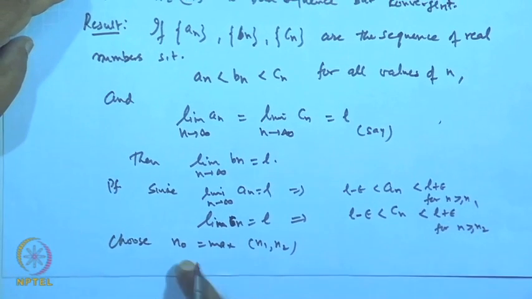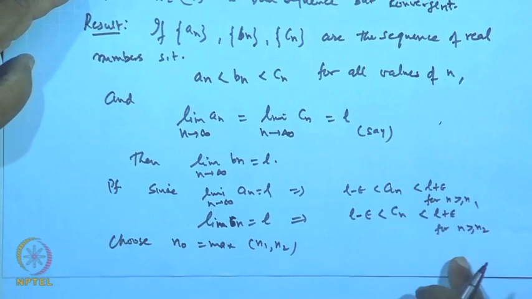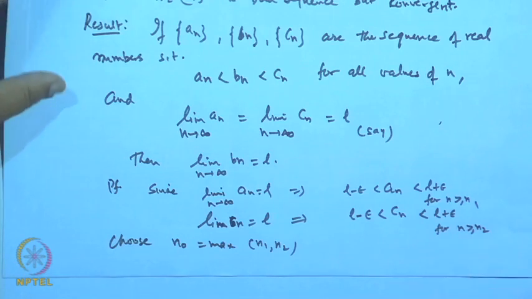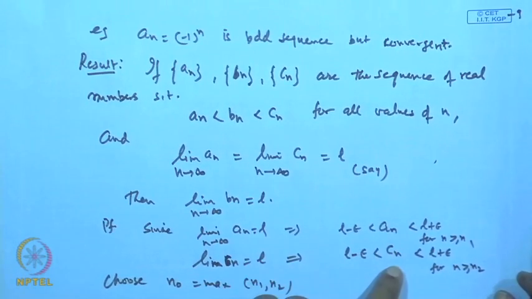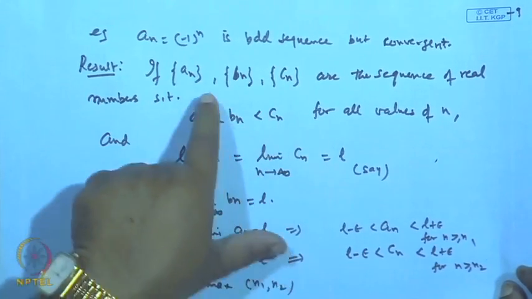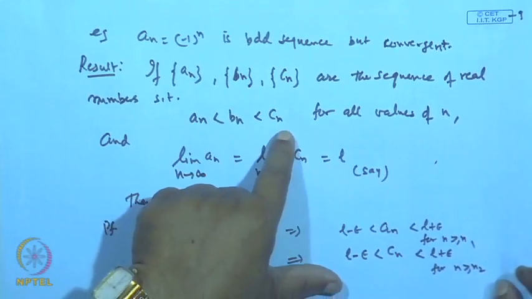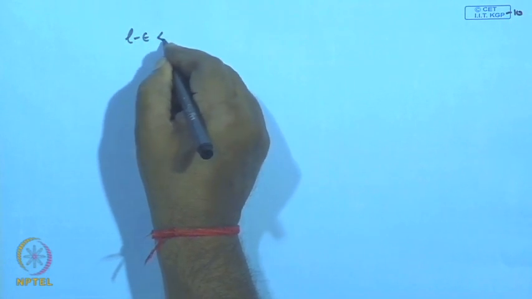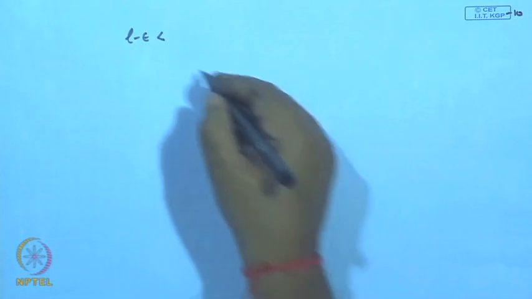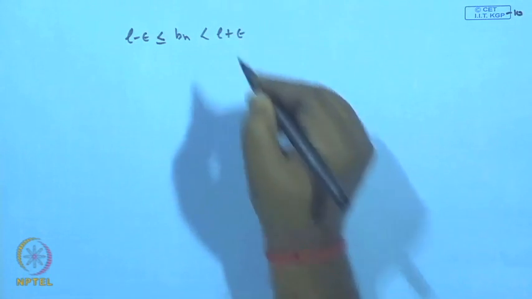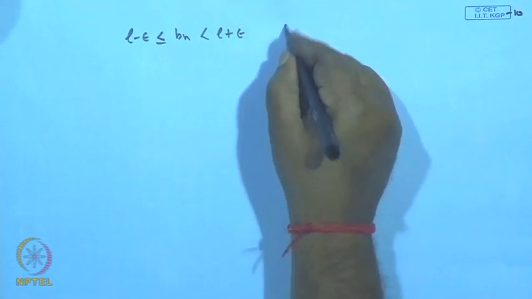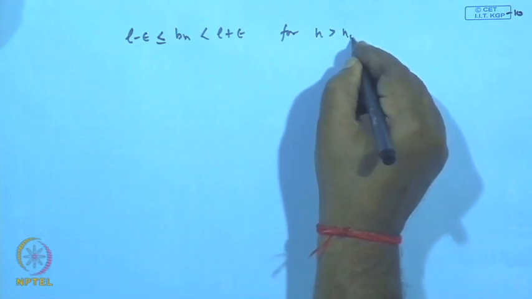So, for all n greater than n naught this condition is satisfied, and for all n greater than n 2 this condition will be satisfied. So, we get from here a n and c n, and b n is the number lying between a n and c n. So, we can say L minus epsilon is less than b n, at the most less than L plus epsilon, for all n greater than n naught.